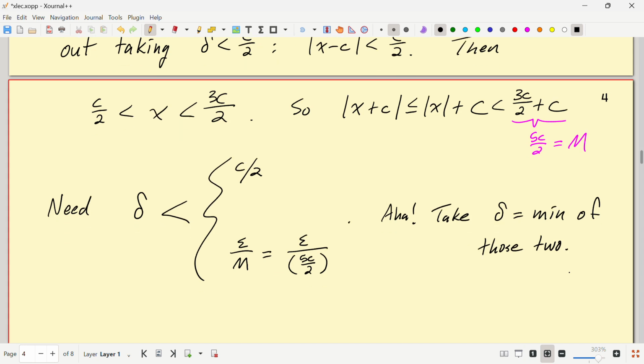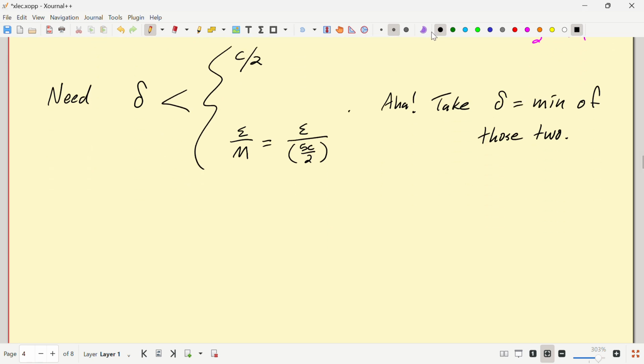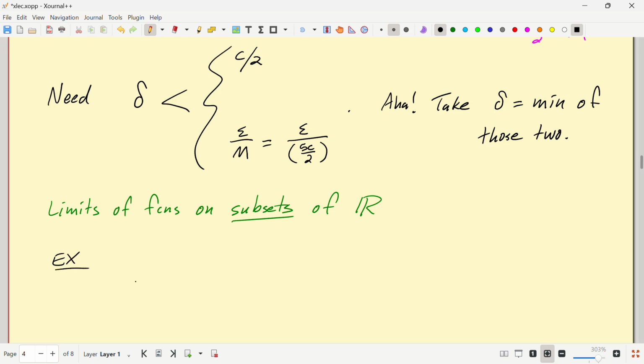Well, let's see. In a fancier course on calculus, you start thinking about limits of functions on sets besides an interval, on subsets of the real numbers. And so here's the type of thing you think about. Oh, here's kind of a dumb one.